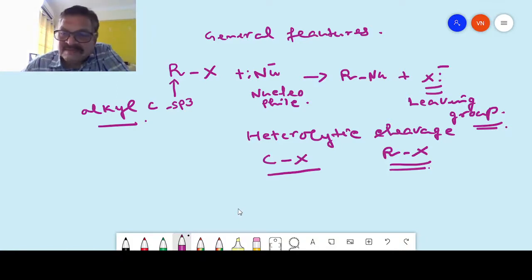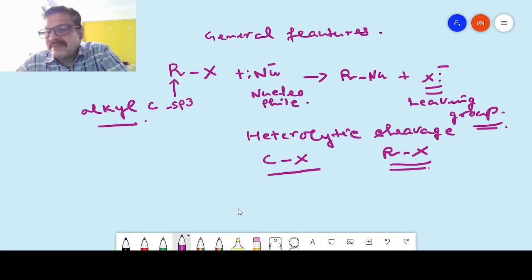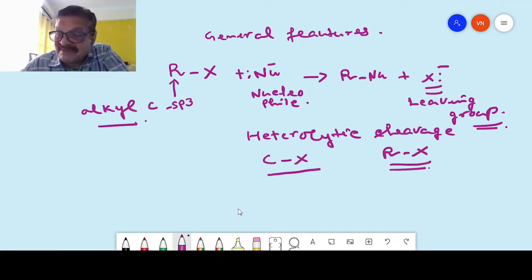The nucleophile will contain a lone pair of electrons or a pi bond. It's not necessarily a negative charge. It should contain a lone pair or a pi bond. So this is nucleophilic substitution, because these substitution reactions involve electron-rich nucleophiles, either with a lone pair or a pi bond.